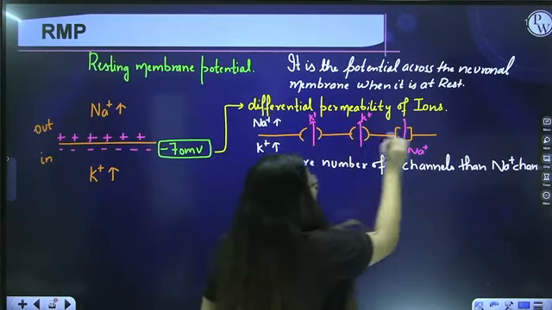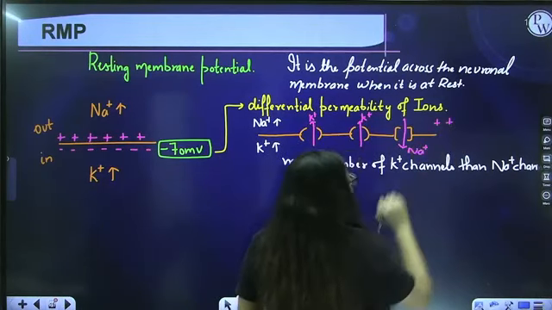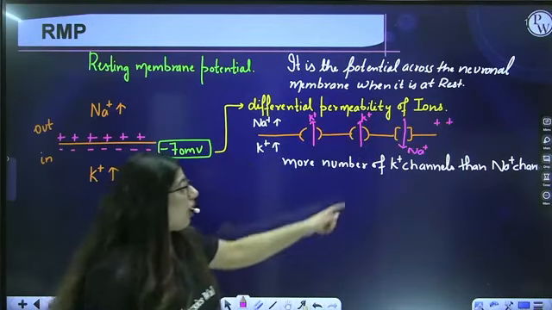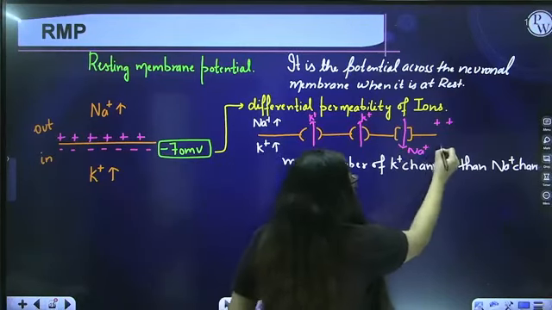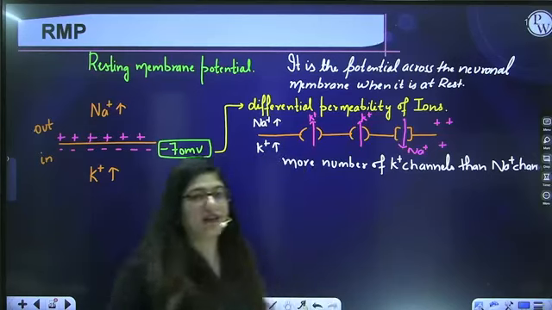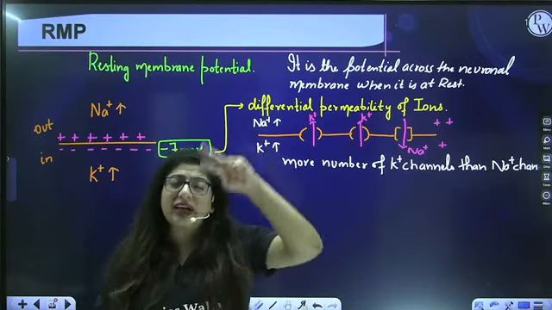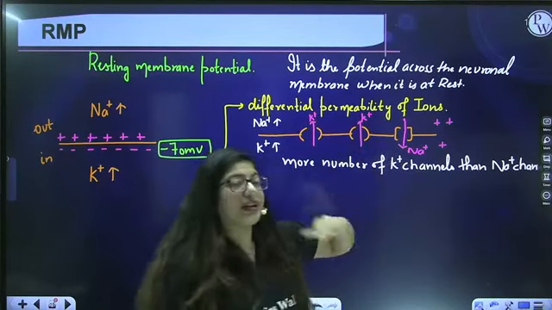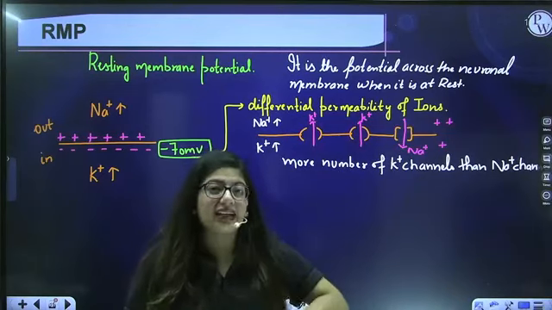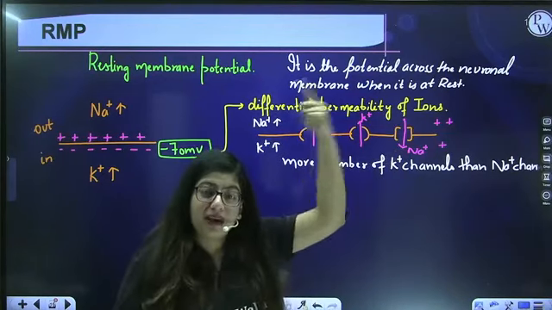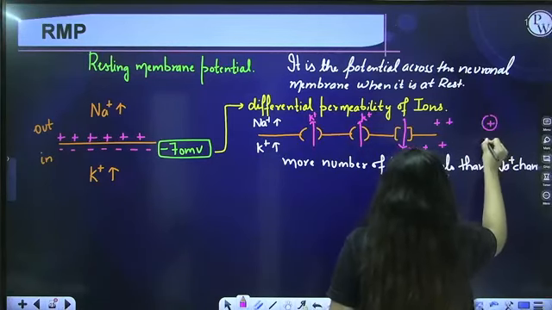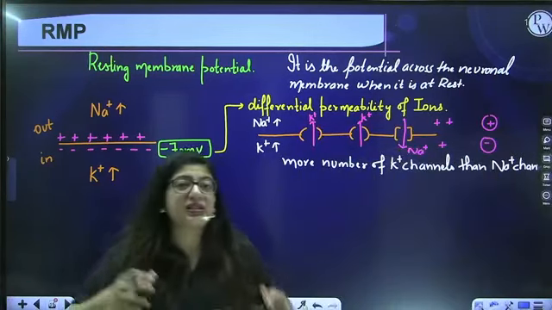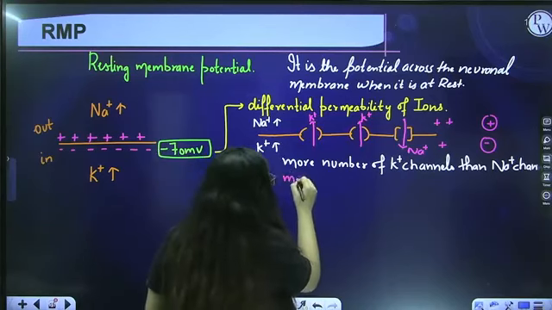So how many positive charges does the outer part of the membrane have? Two. Now only one sodium ion has entered inside. How much charge does the inside have? One. So if we compare, the inside is at a loss, on the negative side by one compared to outside. So we say outside is positive, inside is negative. Why? Because there is more efflux.